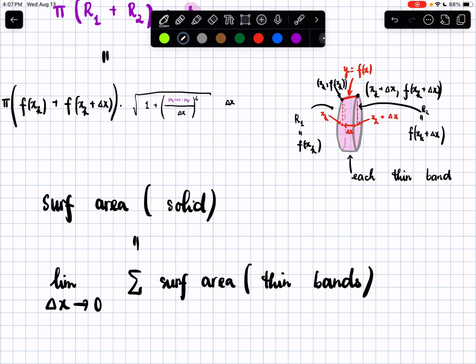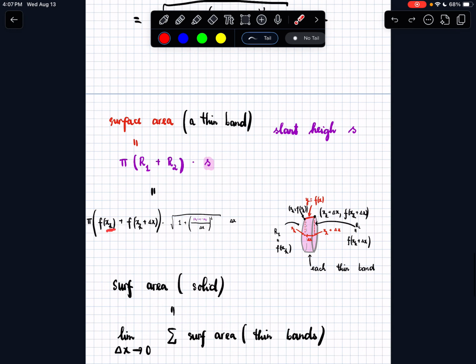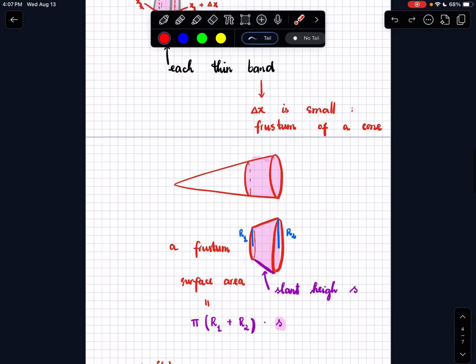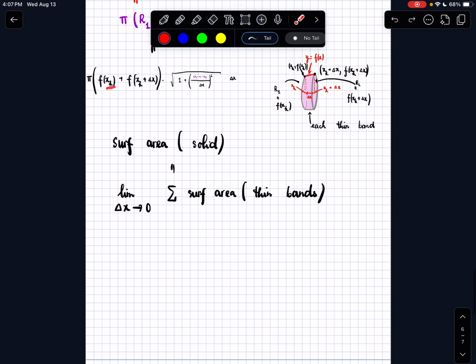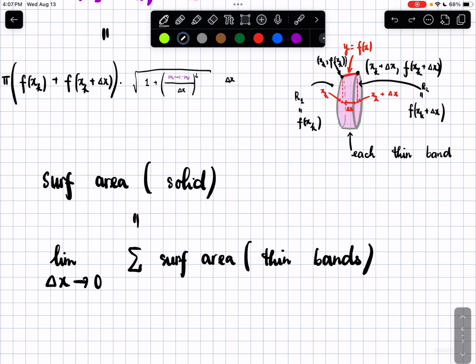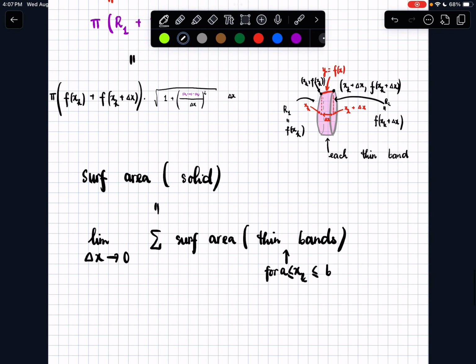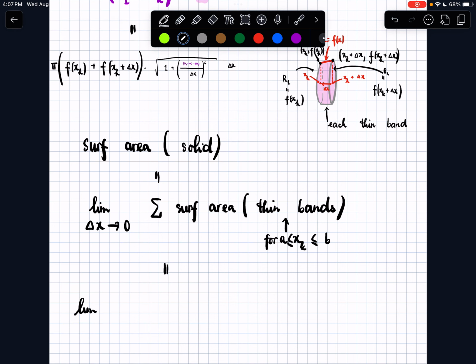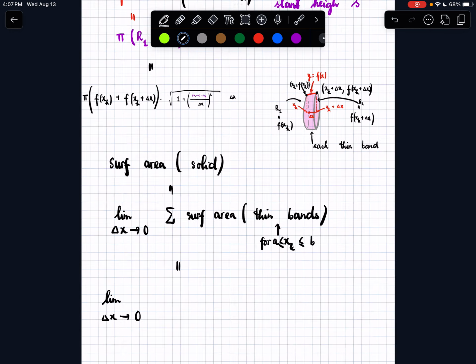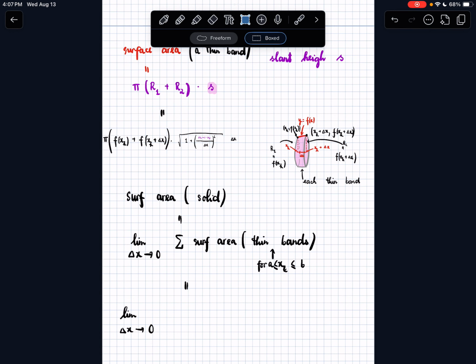So take the sum of all these quantities, when xk runs from A to B. So this one is the limit when delta x tends to 0 of this quantity.